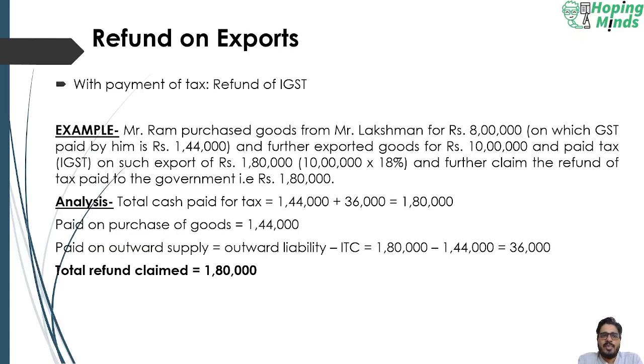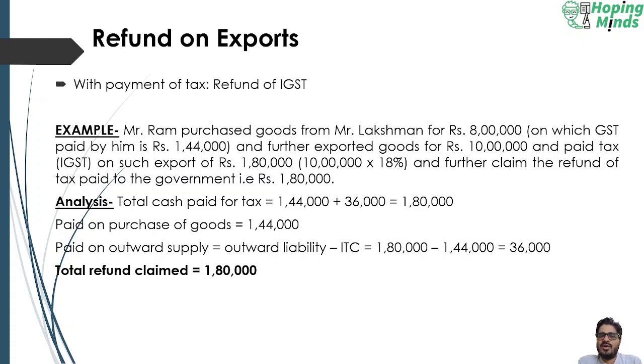So let's take an example of refund on exports. An exporter has two options to export the goods. One is with payment of tax and another is without payment of taxes, that is by opting for LUT, letter of undertaking.